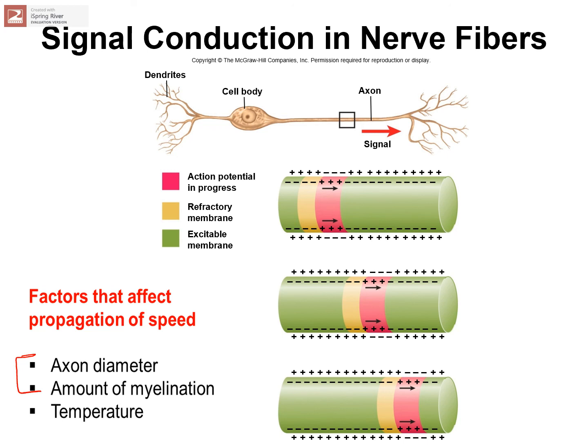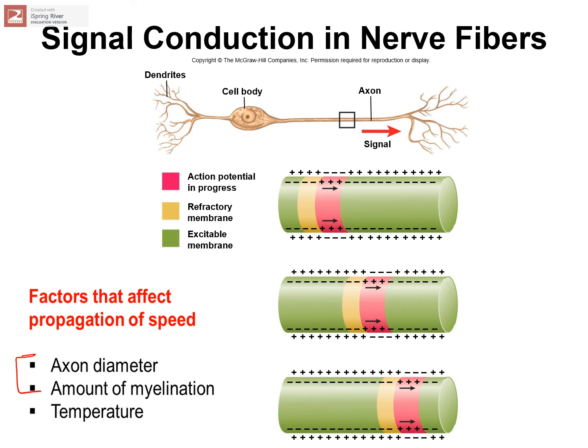Now the other is the amount of myelination. The second factor is myelination. If you have heavier myelination, the axon is more insulated. And if you have more nodes of Ranvier, the saltatory conduction is more efficient.